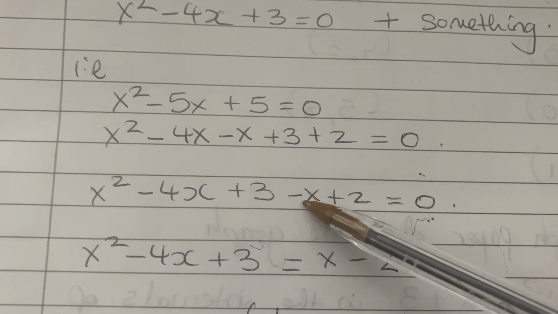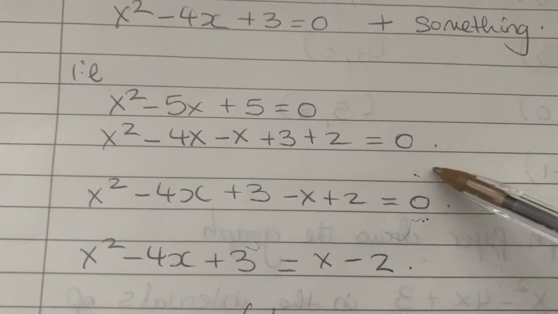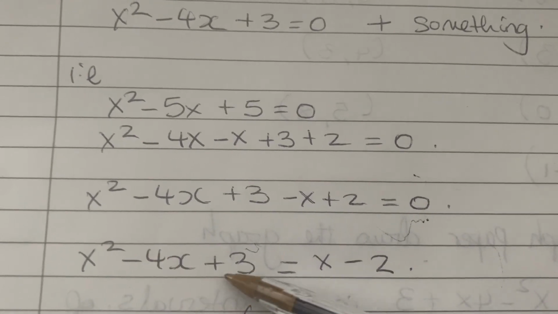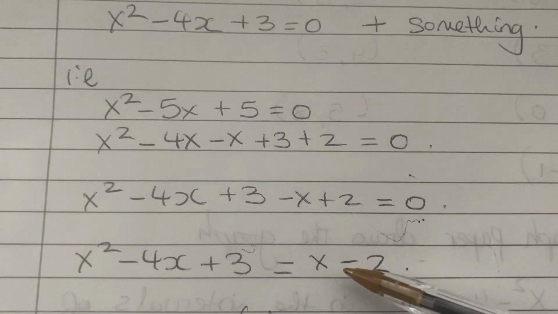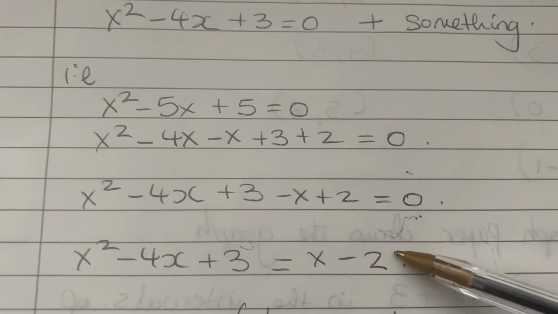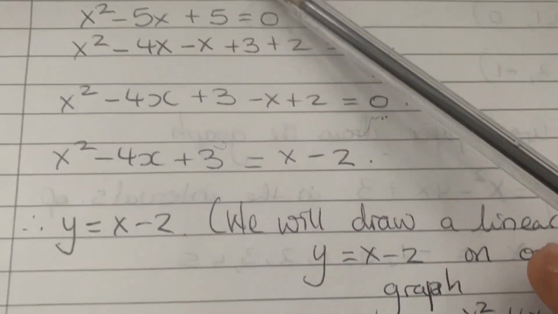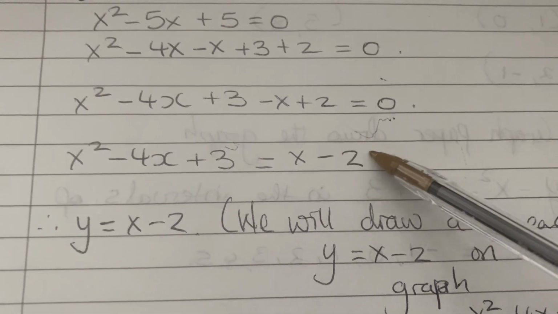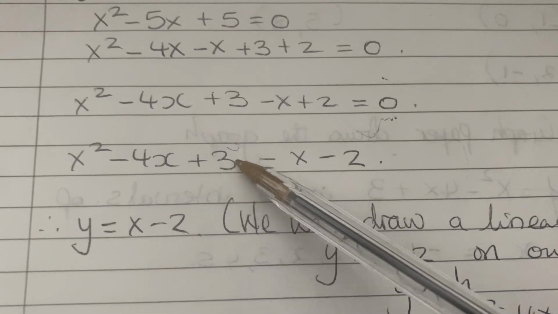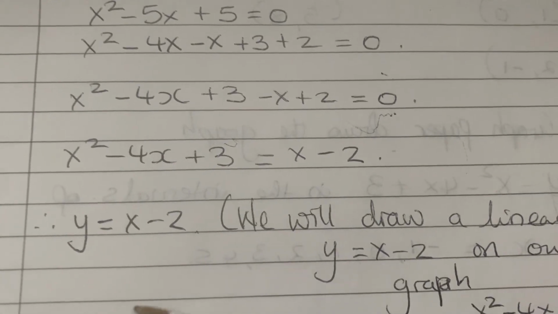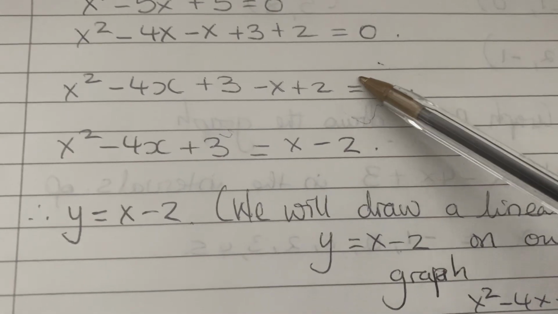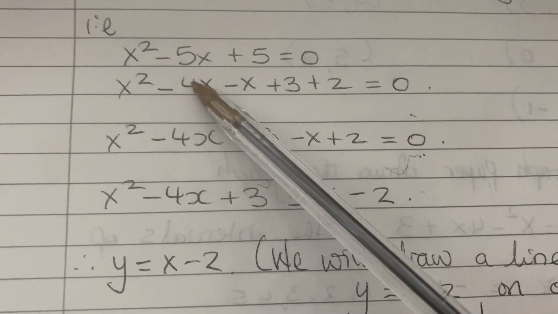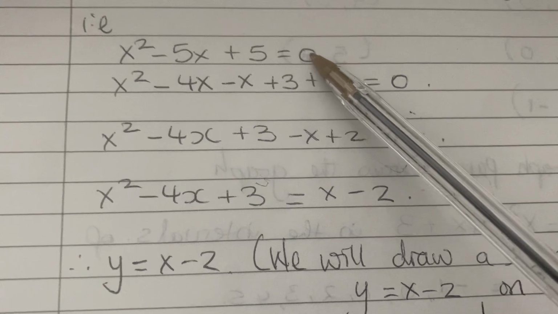If we move minus x and plus 2 to this side, we have x squared minus 4x plus 3 equals x minus 2. So now if we draw a graph of y equals x minus 2 on this parabola that we've drawn, where they intersect, where they cut each other, will be our solution to x squared minus 5x plus 5 equals 0.